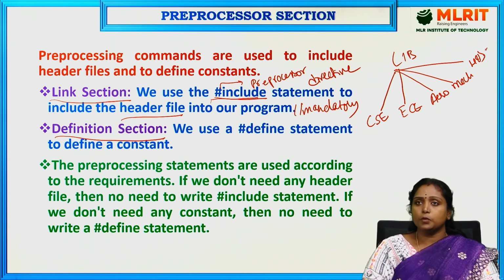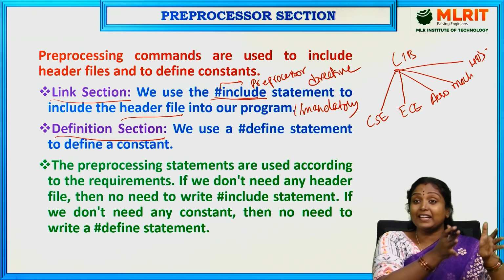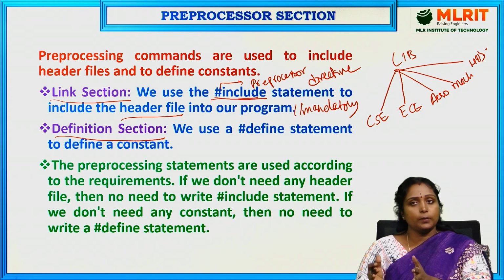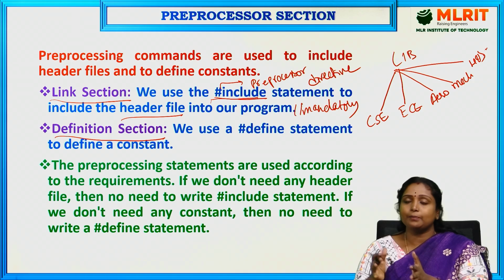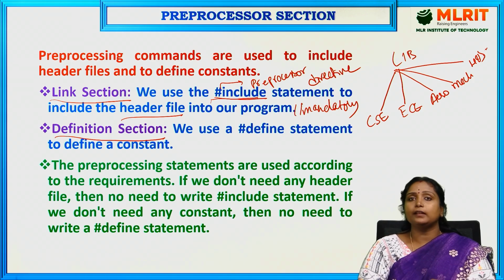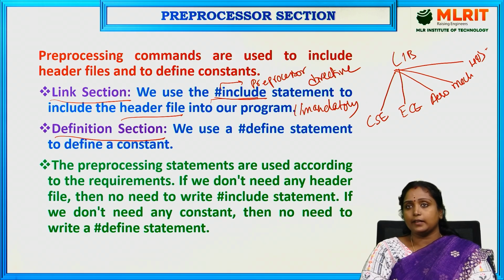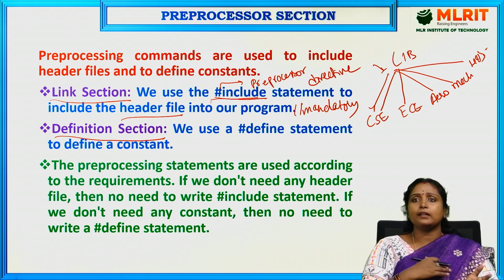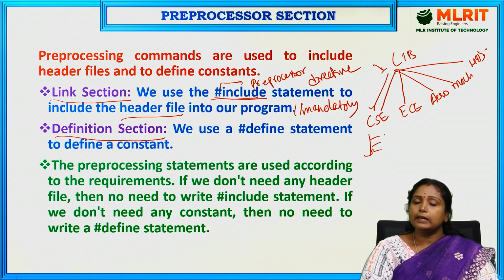All the department books will be segregated, and all CSE related books will be placed in one place, all ECE related books in one place, aero and mechanical and so on, isn't it? If I want to go to the library and use CSE related books, I will go to that particular rack and I can search. Similarly, here we will have different types of subject related books also, isn't it?